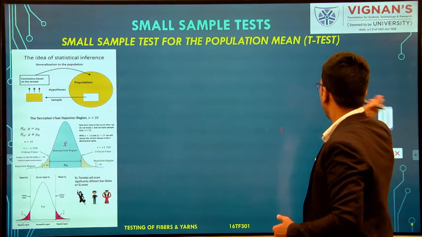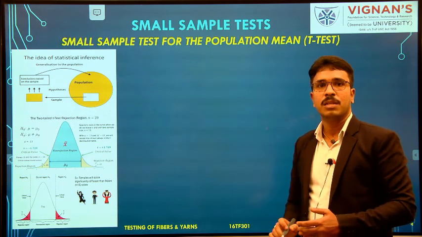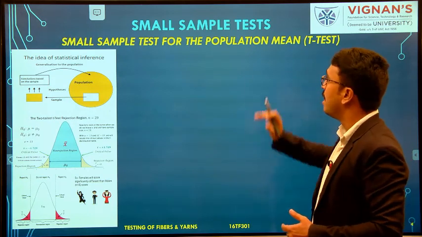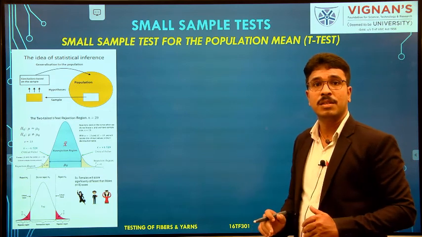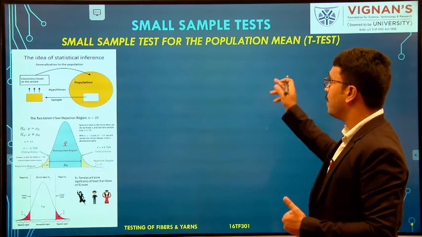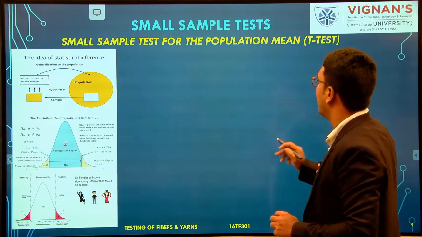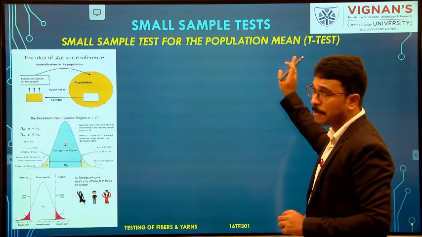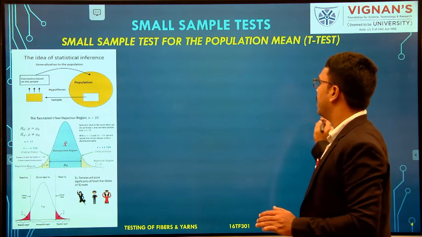Okay. Now, if you look at the T test, the first criteria is the small sample test, which we also call as T test. That means the sample size is less than or equal to 30. And the first criteria we are going to discuss is the small sample test for the population mean, that is T test. Okay.